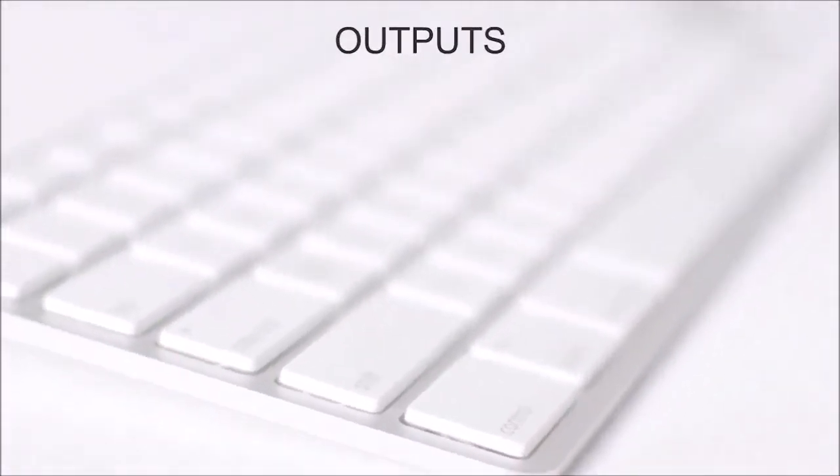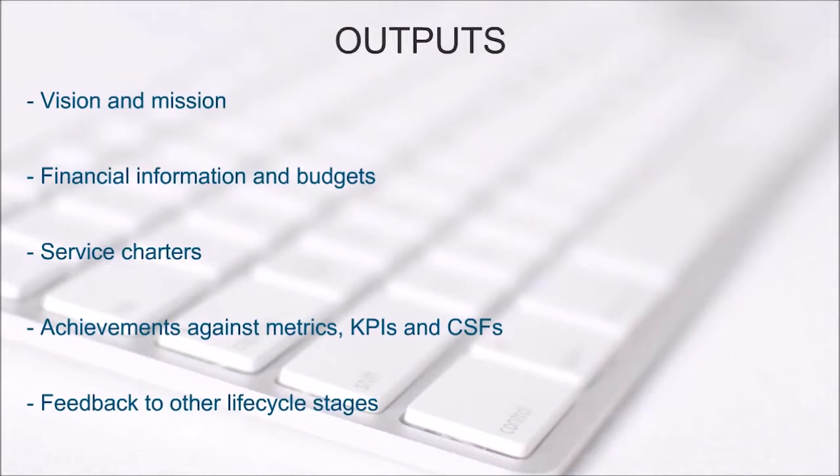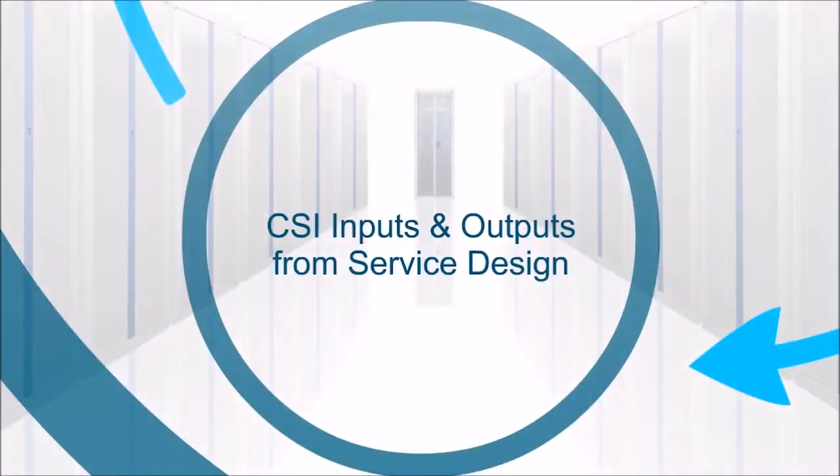This brings us to the CSI outputs, which include the vision and mission, financial information and budgets, service charters including service packages, service models, and details of utility and warranty, achievements against metrics, key performance indicators, and critical success factors. Finally, any feedback for other life cycle stages.